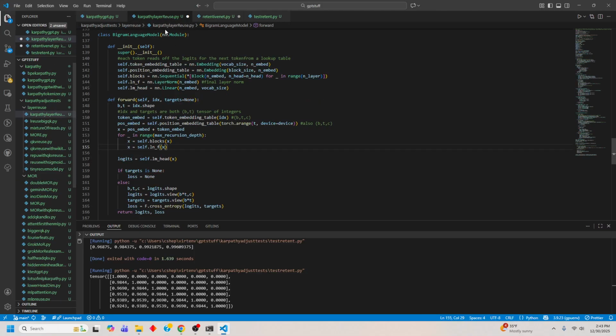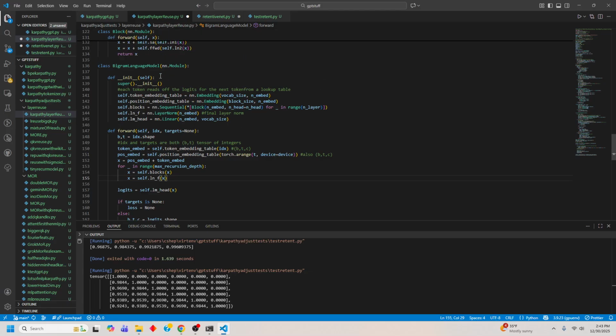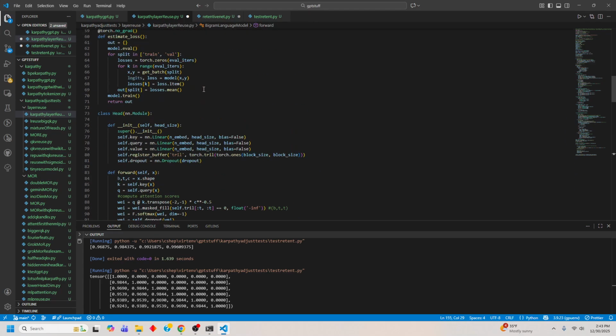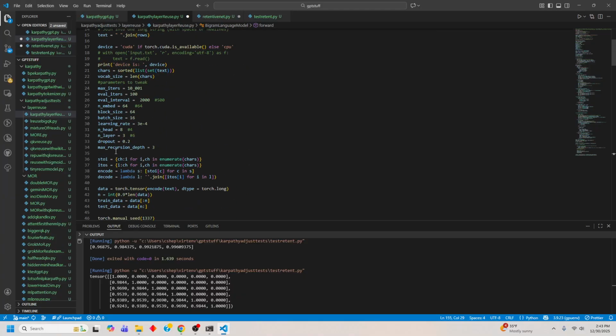The next part is just reusing layers. What you do here is first have a recursion depth. I set it to 3, number of layers equals 3.